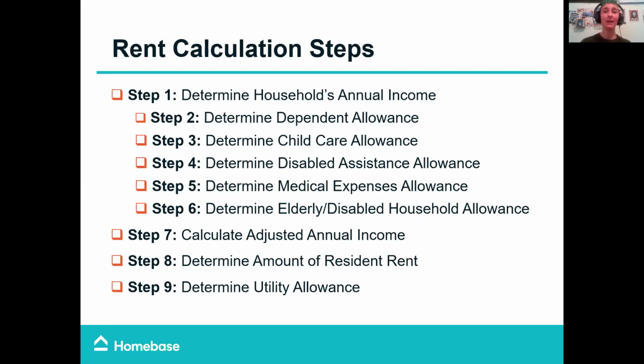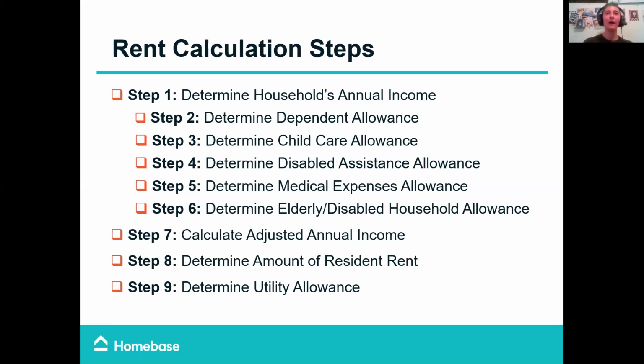So you need to check to see if a utility allowance or utility payment to the client is necessary in this particular situation. Okay, so we're going to go quickly through these steps. Again, we're not going to go deeply into any one in particular, but give you an overview of these steps.